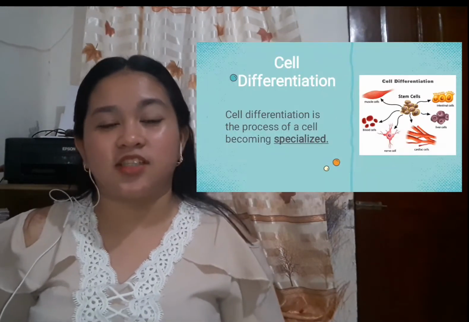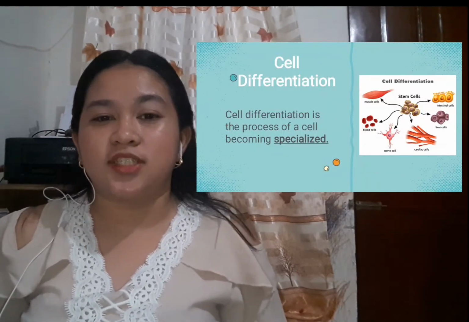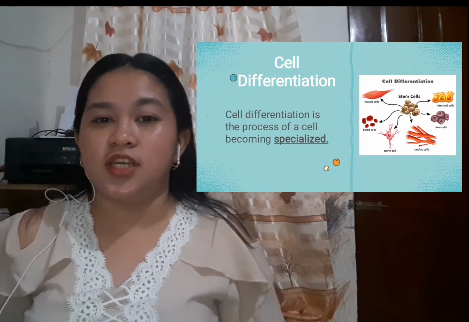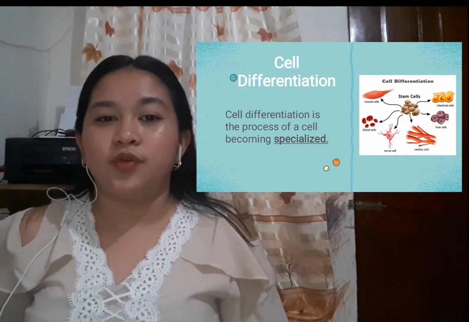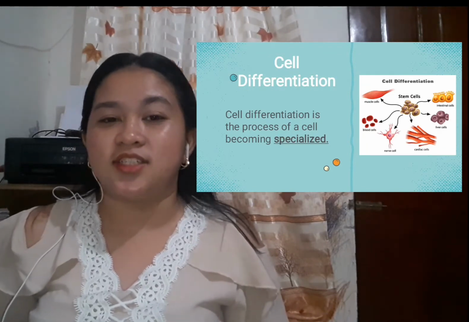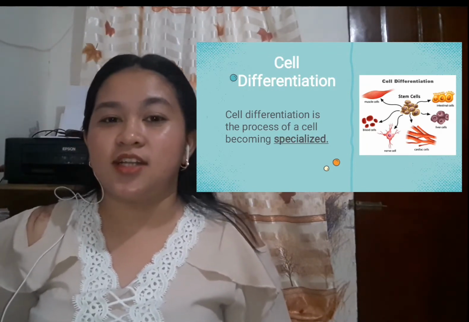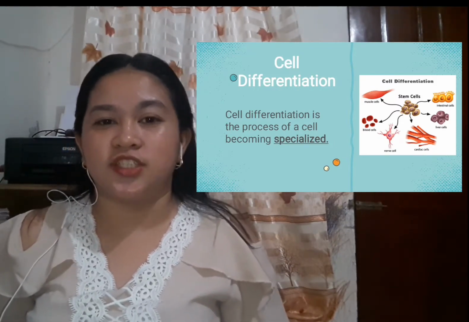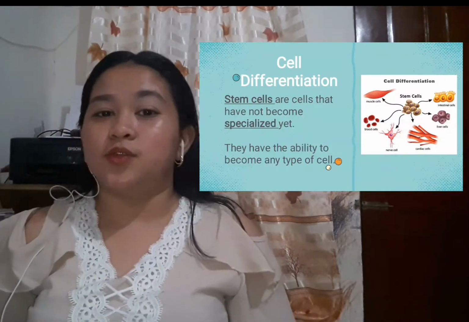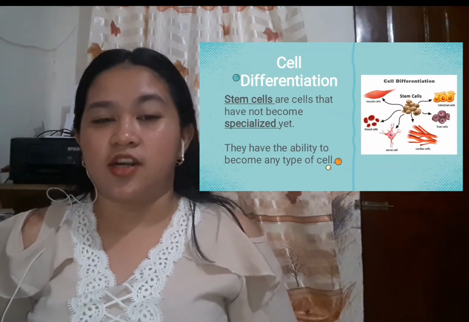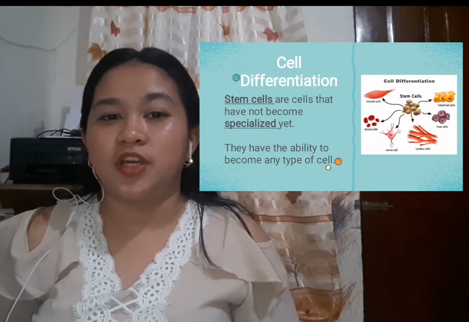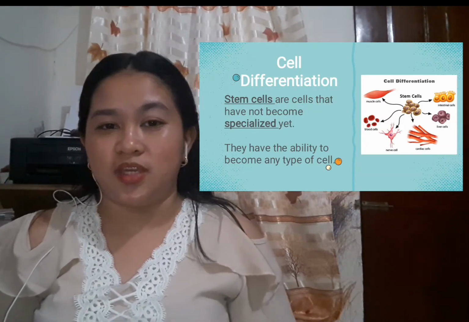When we say cell differentiation, it is a process of cells becoming specialized to differentiate into muscle cells, cancer cells, blood cells, liver cells, with different functions and shapes. Stem cells, like I've said, are cells that are not yet specialized, so they can still become anything that they want to be.